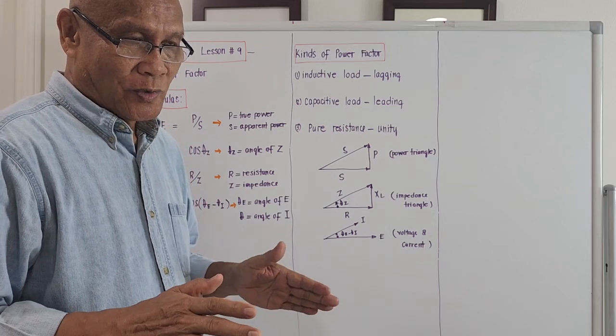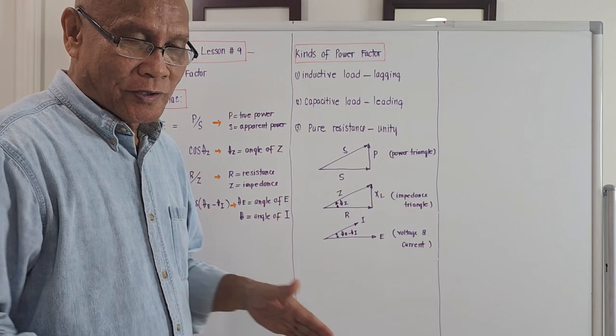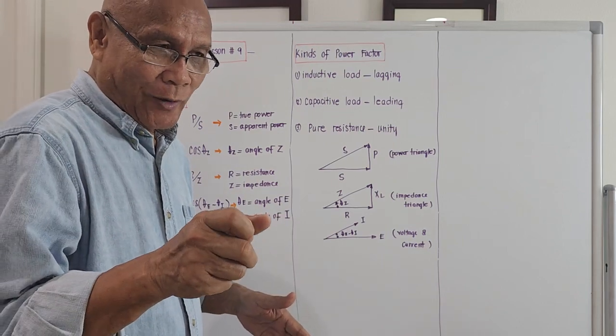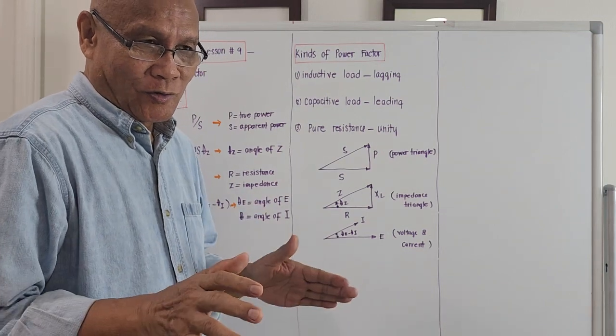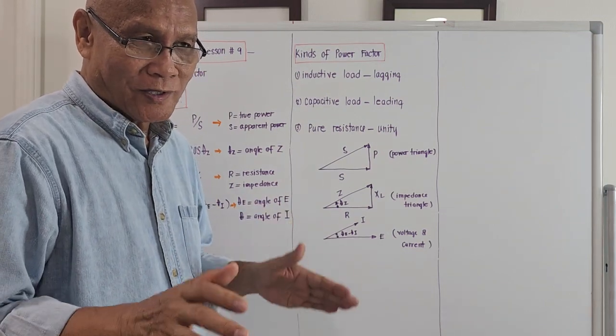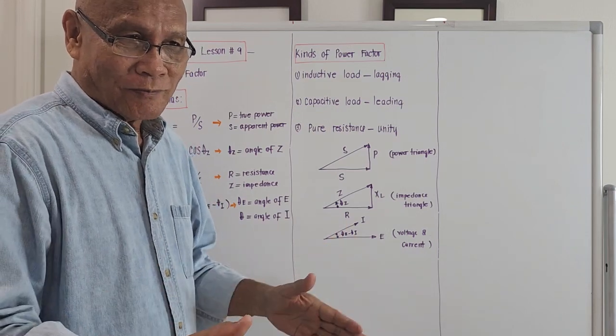Because with this power factor, if your power factor is unity, your utility companies love you very much because you are helping them with the current consumption that goes to the public.